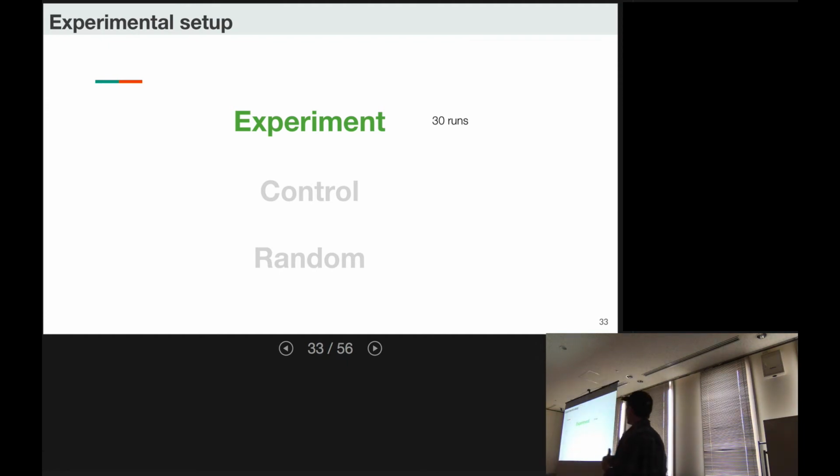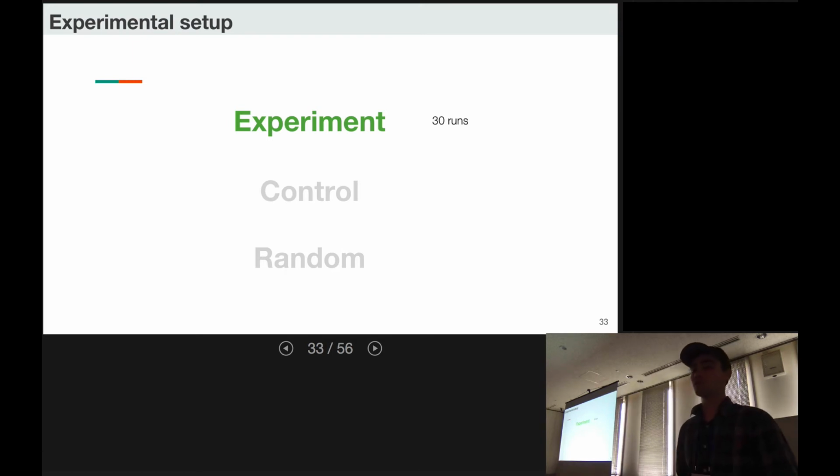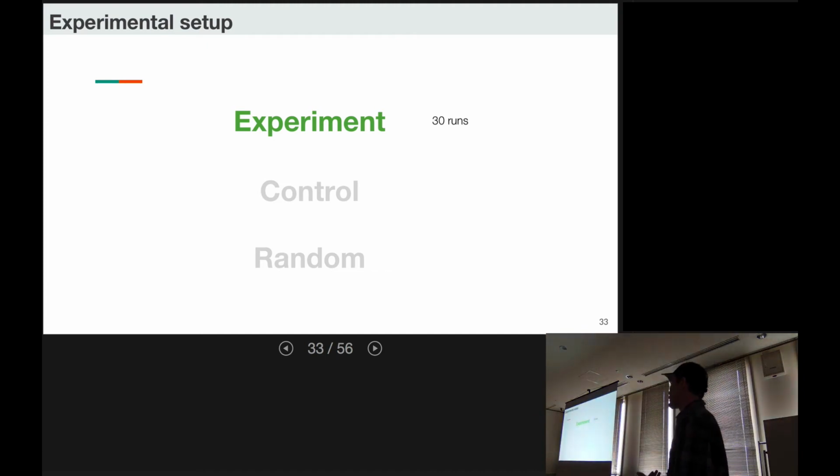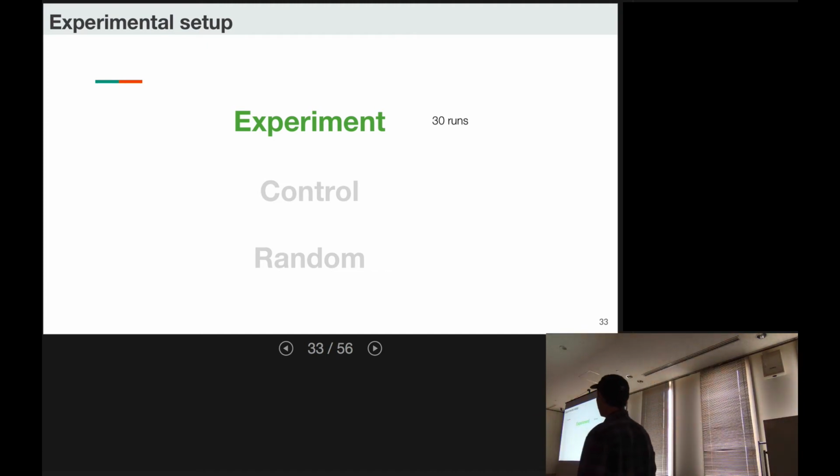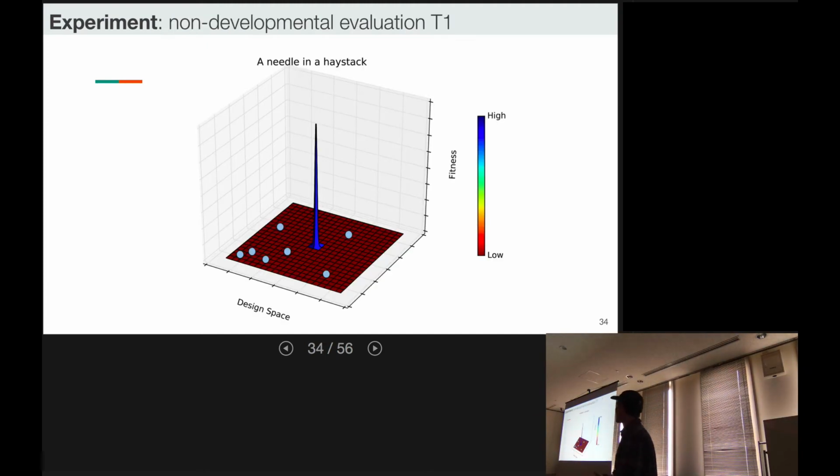And for our experimental setup, we have three conditions that we're testing developmental compression against. First one is just the developmental compression itself. So we have 30 evolutionary runs with a population size of 200. And what we're doing here is we're evaluating each individual in our population several times. The first, for two tasks, for example, is a non-developmental evaluation. So going back to that genetic tensor, we have a base matrix. We're going to drop each individual into task one and evaluate them non-developmentally.